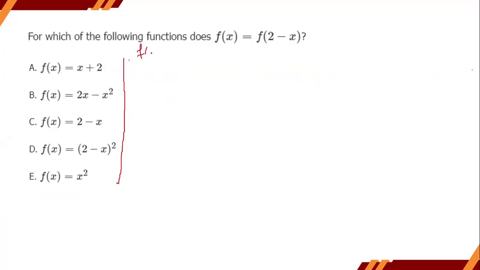So f of 2 minus x. So this gives us 2 minus x plus 2, which is 4 minus x, right? And of course, these two are not equal.